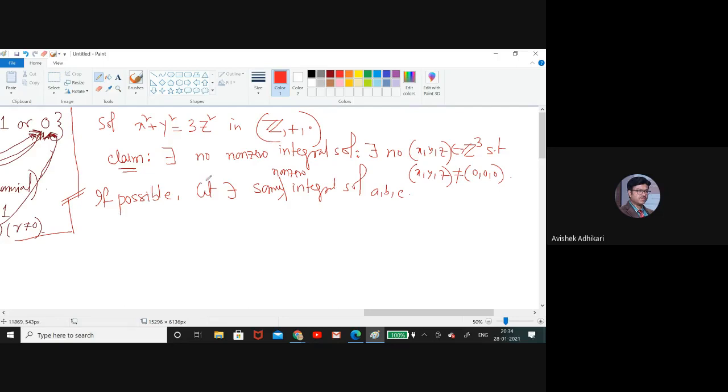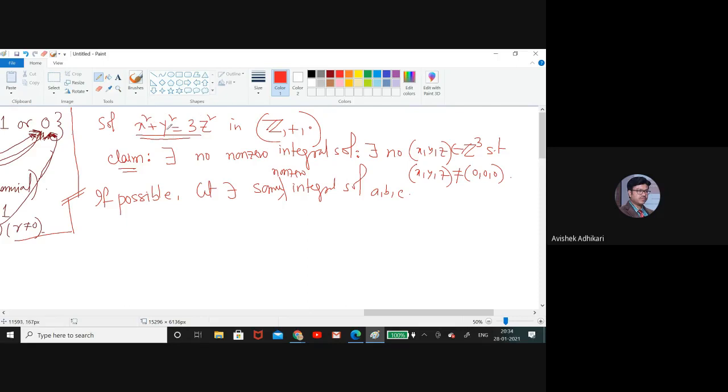Now from here, without loss of generality, you can assume that there exist no common factors among this A, B, C. If there are some common factors, you can always take them common and cancel them.